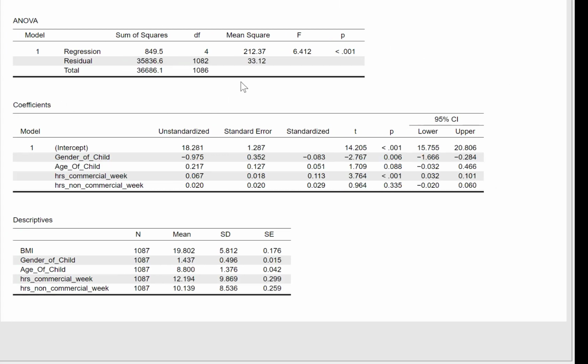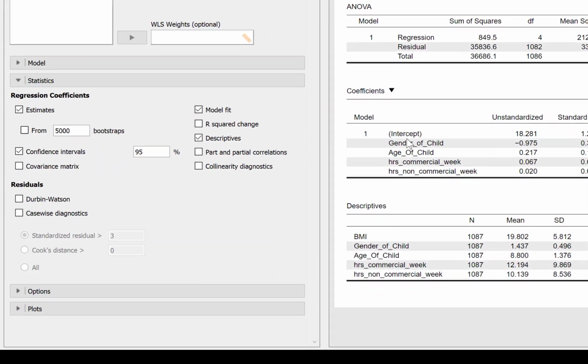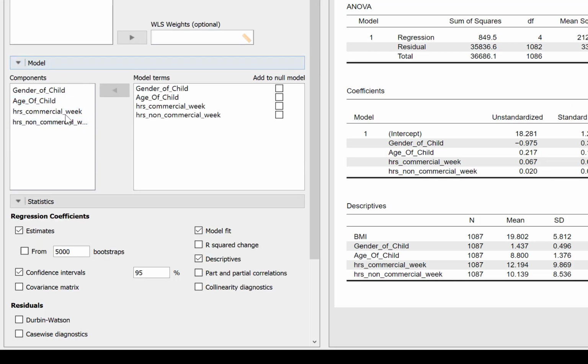There is another feature that we can do though. If you look at these variables, we've got gender and age, some really basic demographics, and then we've got our TV exposures. These are things that we are particularly interested in. What we can actually do is tell JASP to break our model down into 2 parts. So we go to model, and as you can see it says here, add to null model.